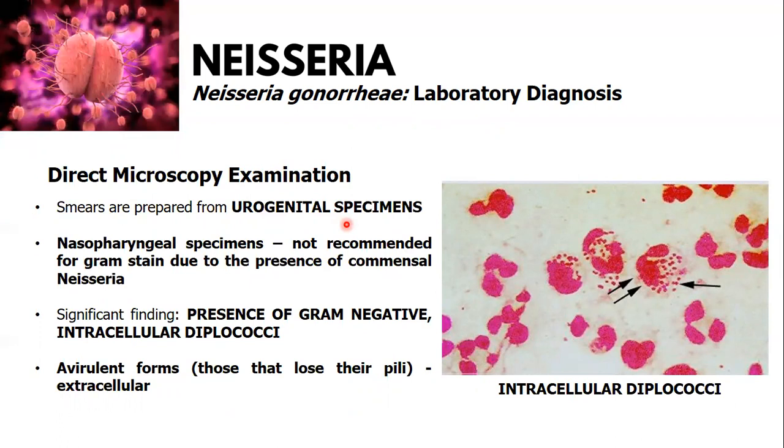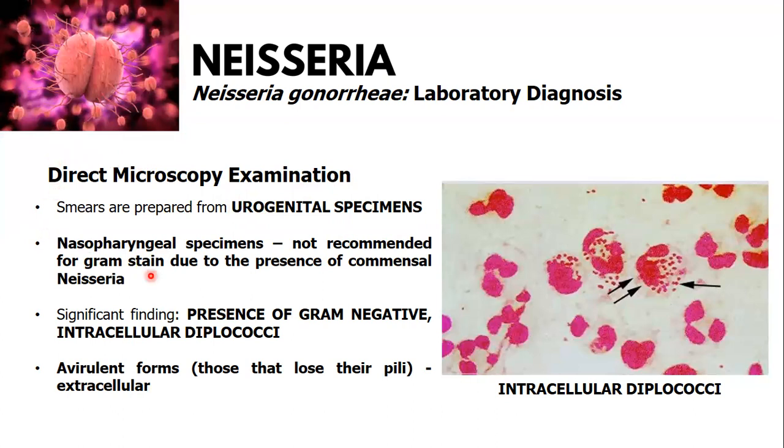However, take note that not all specimens received are subjected to direct microscopy, such as nasopharyngeal specimens, because as emphasized earlier, these anatomical sites may contain commensal bacteria, including commensal Neisseria, that may be mistakenly identified as pathogenic Neisseria. And therefore, when these specimens are received, they are inoculated immediately using an enriched chocolate agar plate that contains inhibitors. However, for urogenital specimens, once received, they must be subjected to direct microscopy.